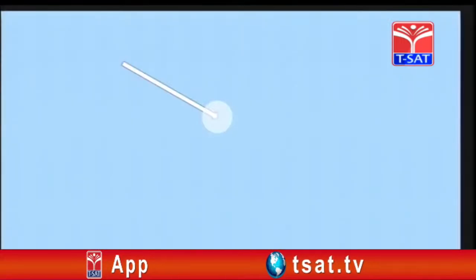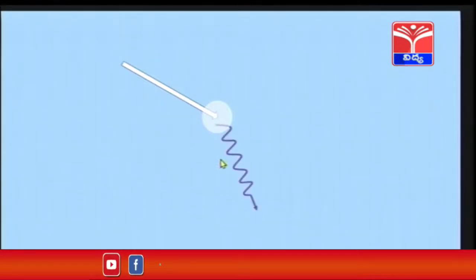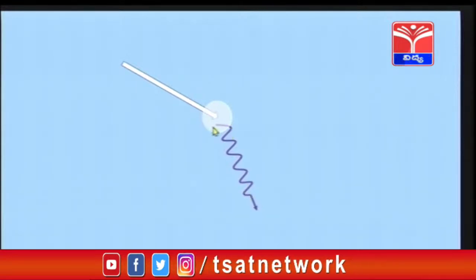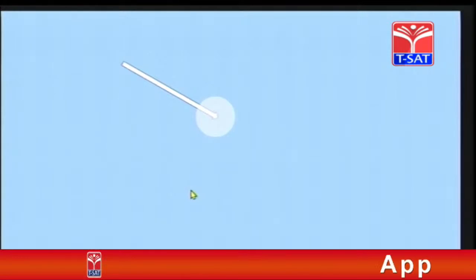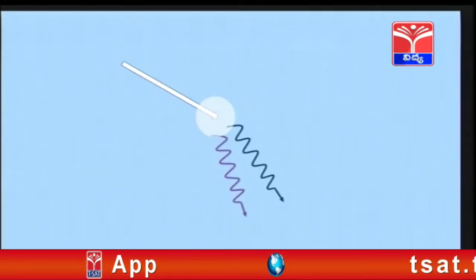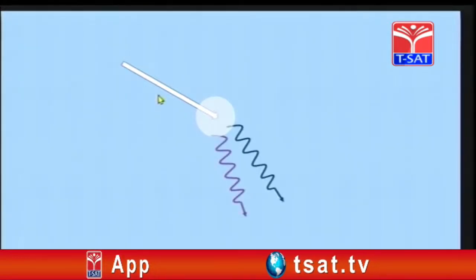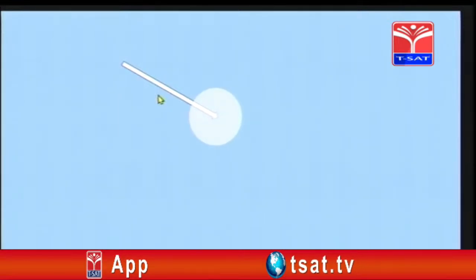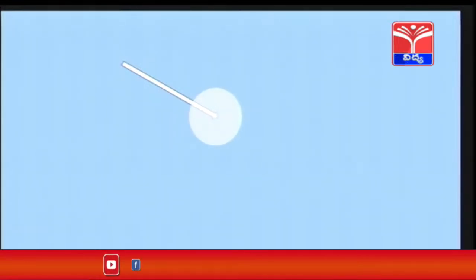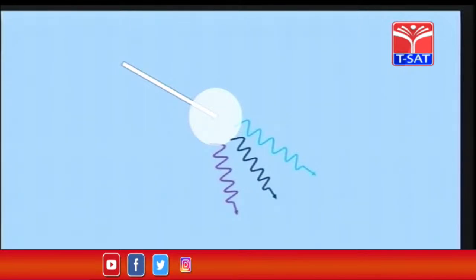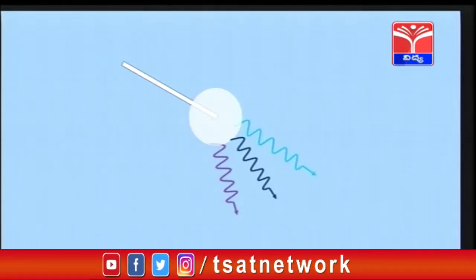Observe here, children. Whenever light is incident on this molecule, it scatters the wave which has a wavelength comparable to the size of this atom. Whenever the size of the atom or molecule is increased, it emits a higher wavelength also. Likewise, again and again, if you increase the size of the molecule, it emits light waves comparable to the size of the molecule.